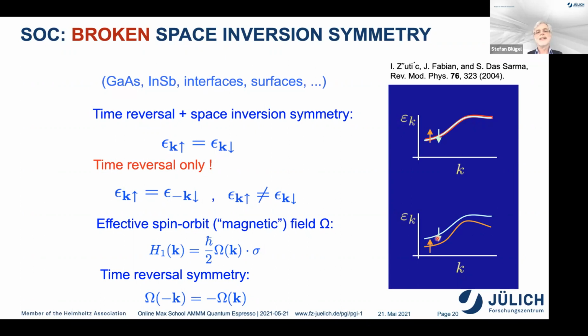In other words, the spin orbit interaction produces locally a K-dependent magnetic field, omega of K. And that is very important to realize: if you have a broken space inversion symmetry, your spin orbit interaction has the feature of a local magnetic field in your solid. And this local magnetic field is very large.